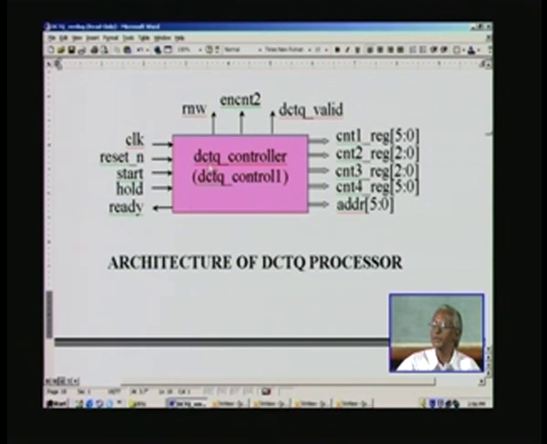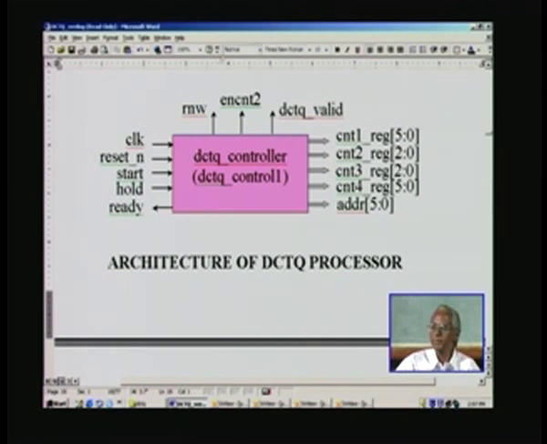When we look into the DCT controller, you will see more details here, and it calls for several counters of various bit precisions as listed here. In fact, counter 5 is nothing other than the address, the DCTQ address here. Address 0 corresponds to the DC quotient and all others are AC quotients, and a DCTQ valid signal also will have to be created, which will keep in step with the DCTQ output.